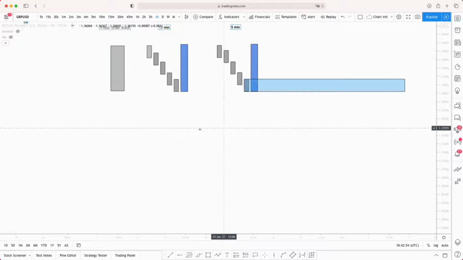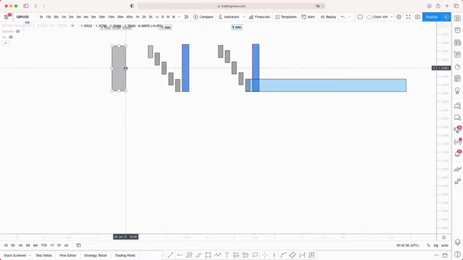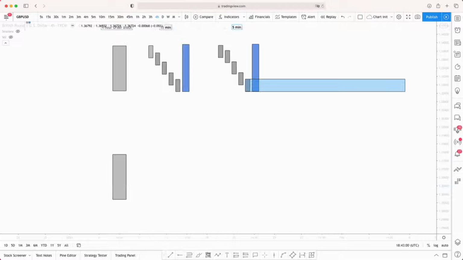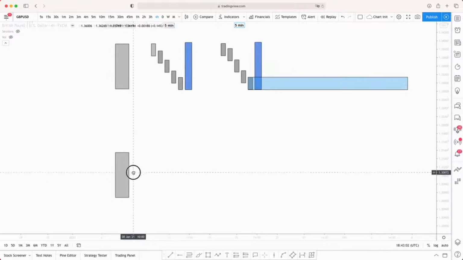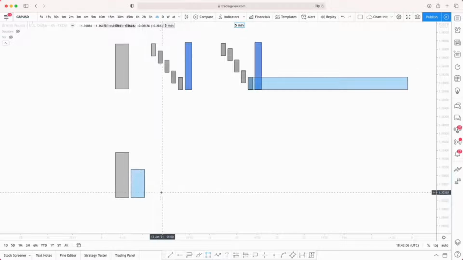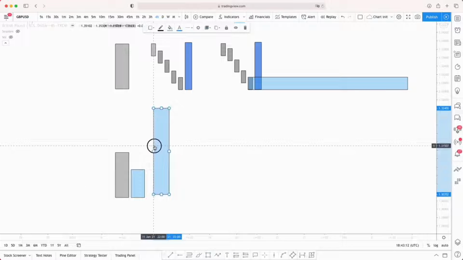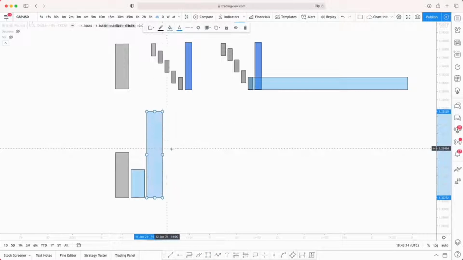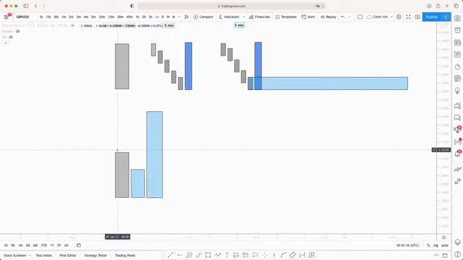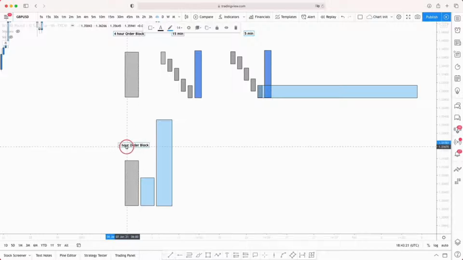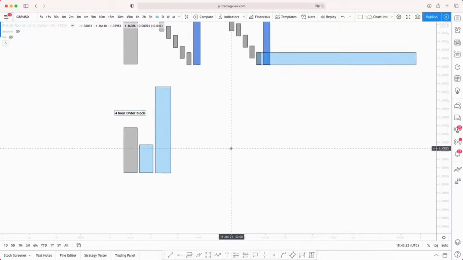There's another way we can do this. So say, for example, we have our candle that's sitting here, and this is the 4-hour, and then you have a bullish candle, okay, and then say you have another bullish candle like that. Now this is all happening at your order block, so we know that this candle here is the 4-hour order block.